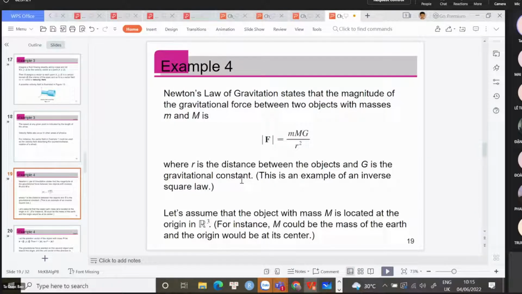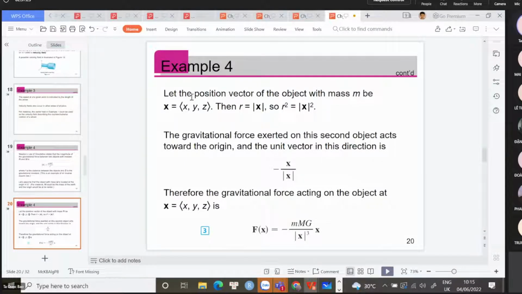Okay, so now let x be the position (x, y, z), then we have r equal to the length of x. Okay, so therefore we have a gravitational force exerted on the second object, a vector towards the origin, and we have unit vectors in this direction.